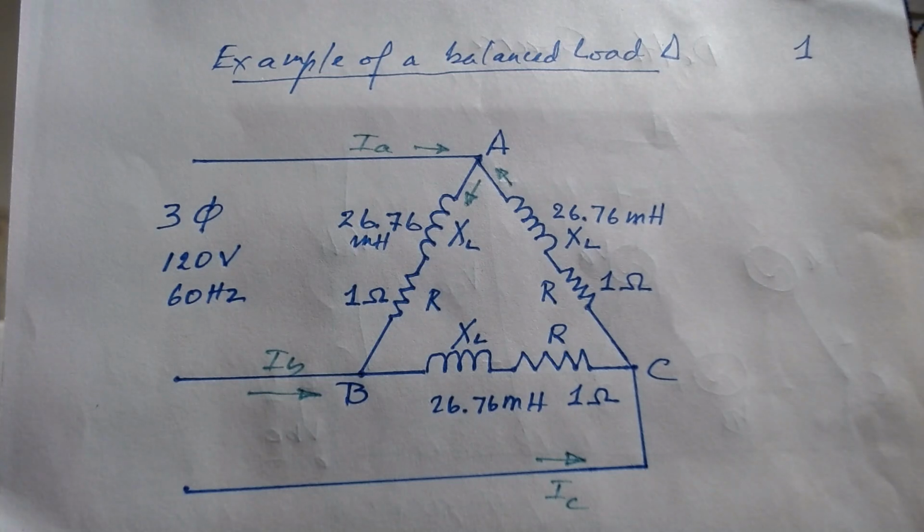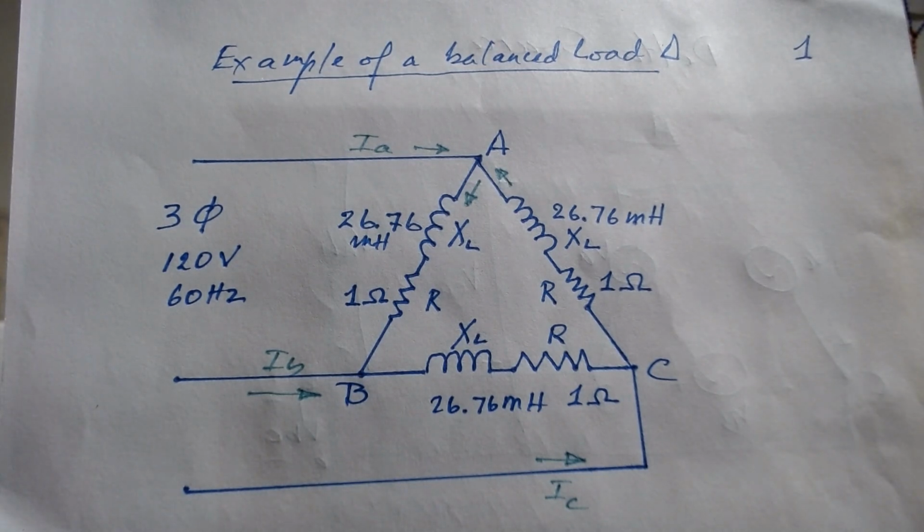You can see here three branches of the delta connection with the letters A, B, C. This delta configuration is supplied by a three-phase voltage of 120 volts and 60 Hertz.